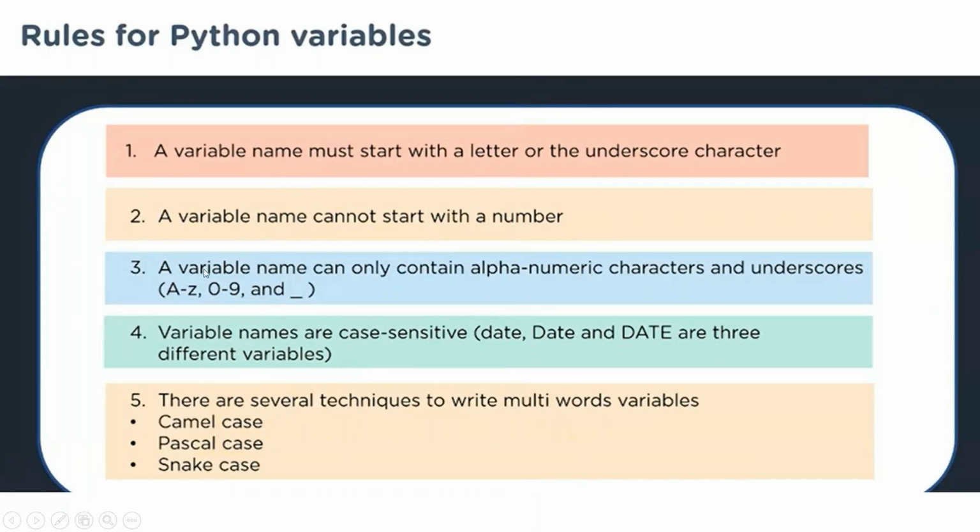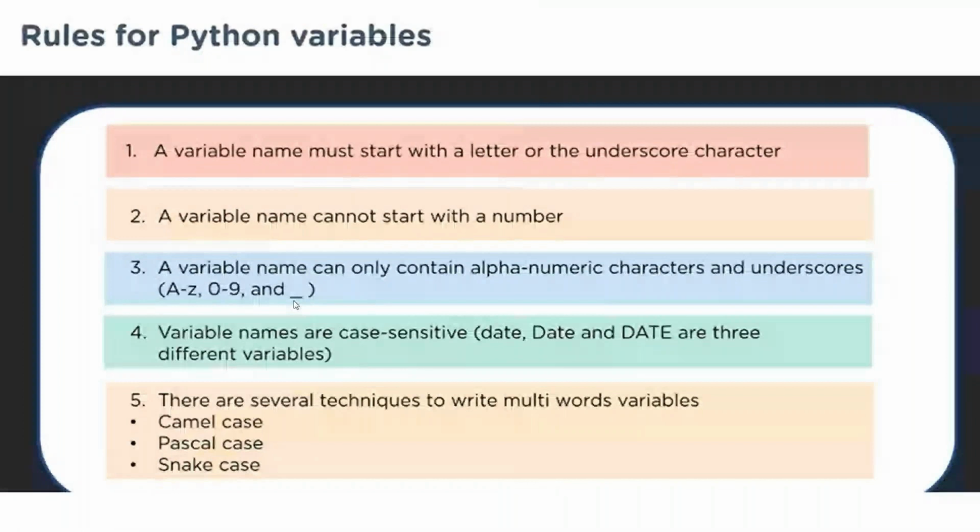Fourth, variable names are case sensitive. What is meant by case sensitive? Lowercase and uppercase. Now look at the example that I have written in the parentheses. Look at date and Date. So date, all in small case, is different from the second one, Date.